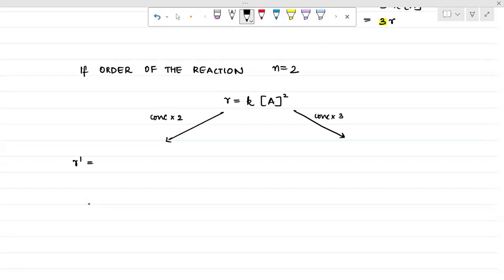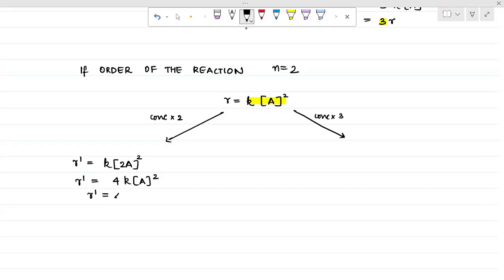R prime is going to be equal to K, concentration of the reactant is now 2 times A to the power 2, correct? Now 2 square is 4. 4 is a constant, I can take that outside. R prime is equal to 4K concentration of A to the power 2. Now I already know that K into A square is equal to R, and I can substitute it over here.